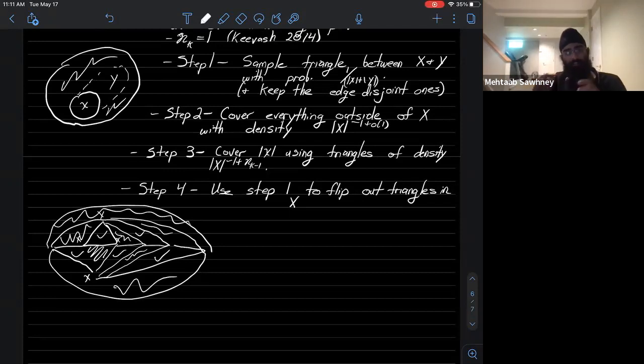So now what I look at is a triangle in the bottom. I have these triangles in X and I want to flip them out.